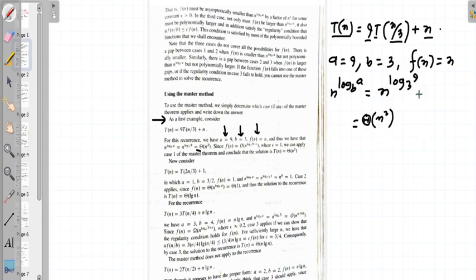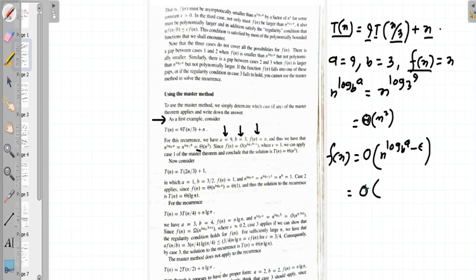And now we have seen that f(n) equals n. We are comparing this f(n) with n^(log_b a), that means n^(log_b a - epsilon). Can we express it that way?